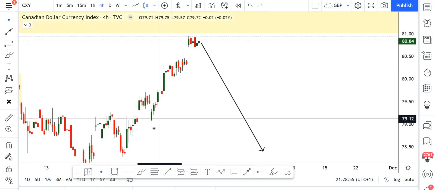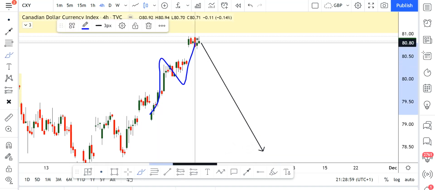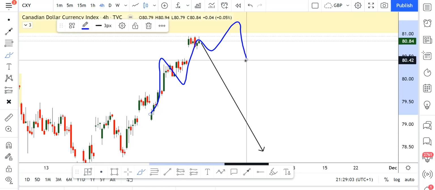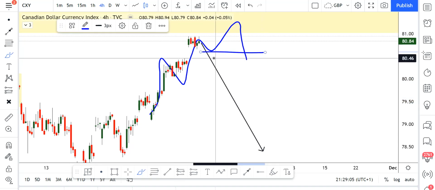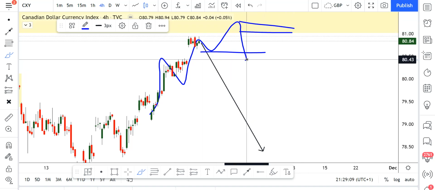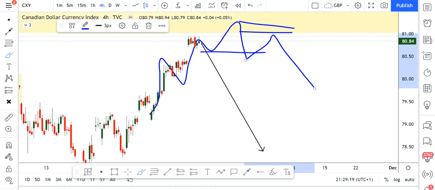We can see that price has just been moving effortlessly to the upside. So we can still have a drive to the upside before breaking the previous high here, and we were expecting a supply here, then falling to the downside. This is very much possible when it comes to the Canadian dollar on the 4-hour time frame.